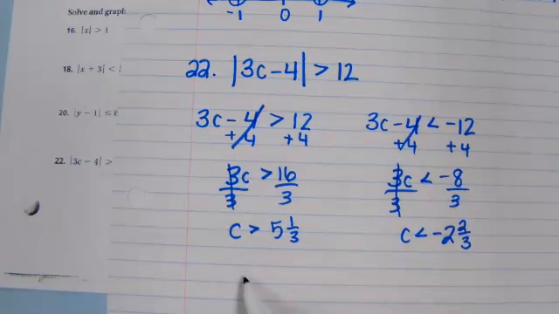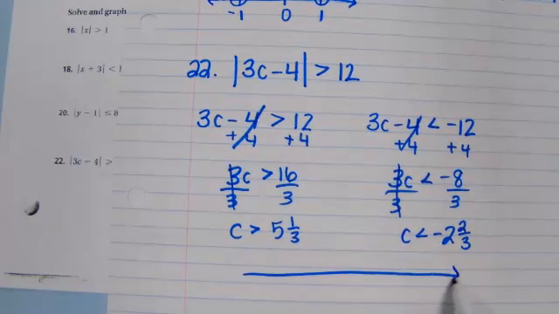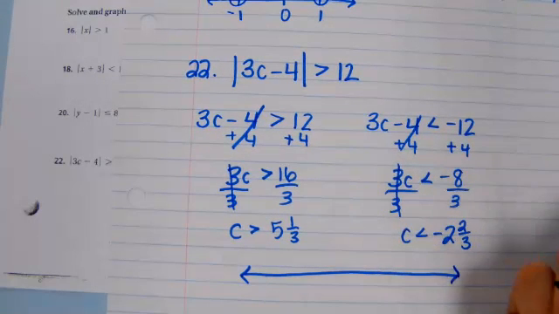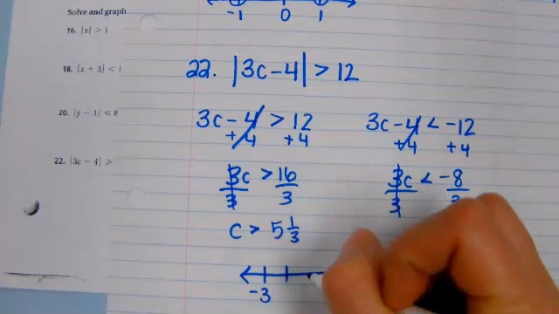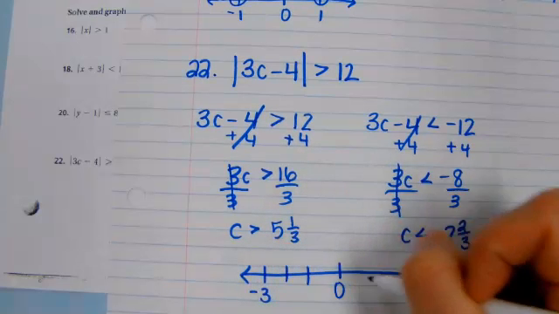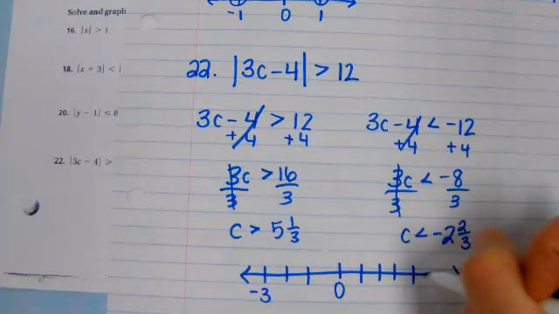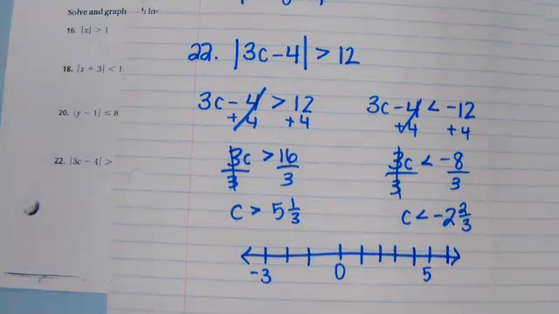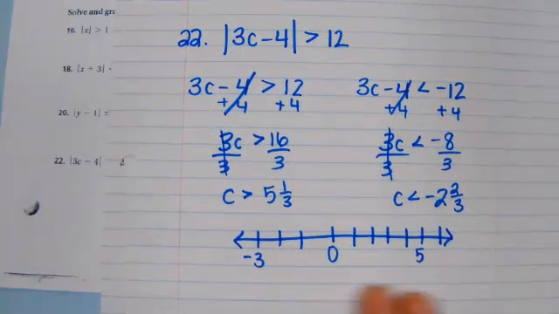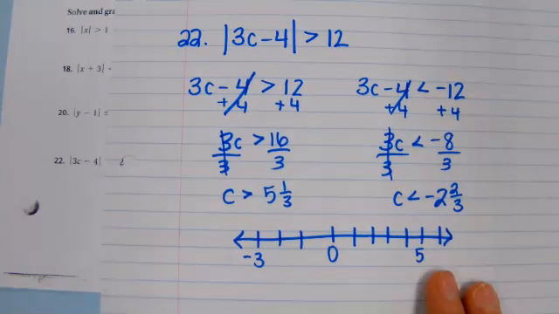Let's graph it. Now, if you graph it, let's say that you just want to use whole numbers or integers, right? So I'm going to do negative 3, negative 2, negative 1. Here's 0. 1, 2, 3, 4, 5, 6. All right. Now, I didn't mark every number. However, I made sure that I made a mark for each whole number.